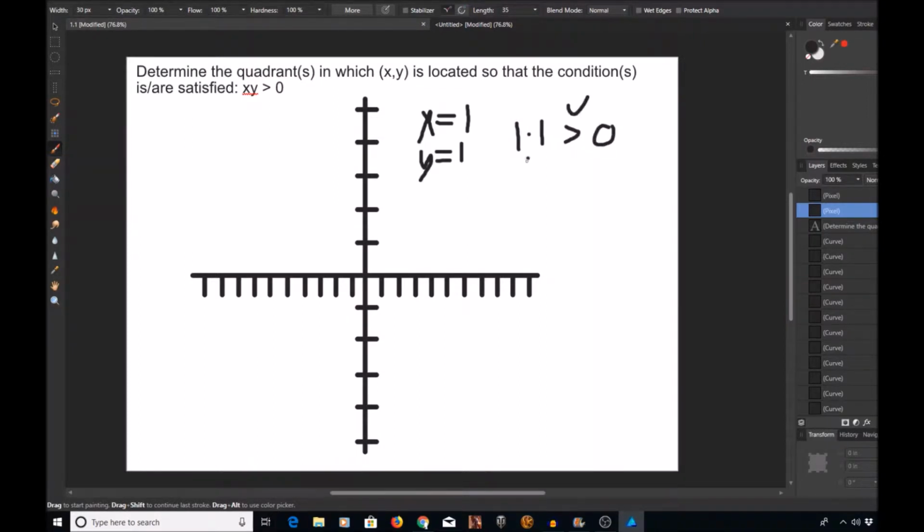This is true. And we can do that for any number for x and y. We can do x equals 3 and y equals 3. And then we can say, is 3 times 3 greater than 0? That's true.